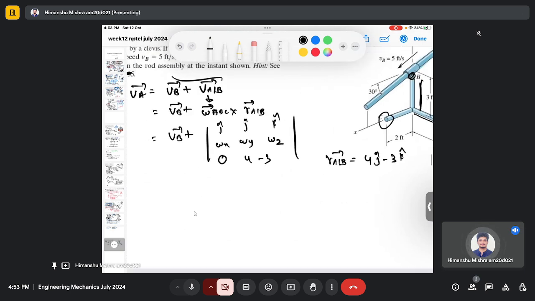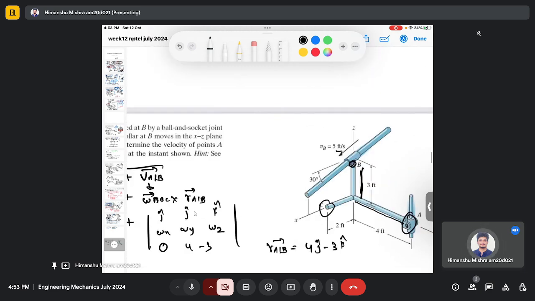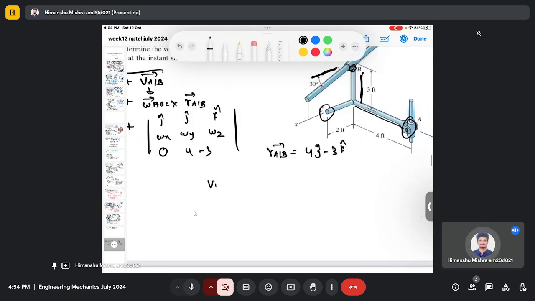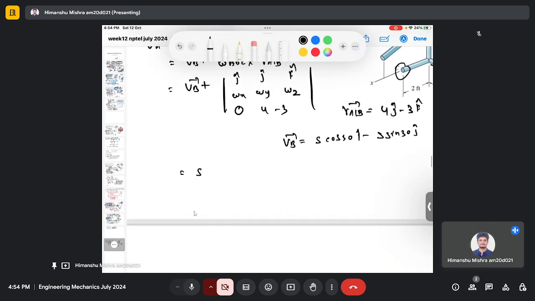VB is given as 5 feet per second, and you can see that it has one component in the x direction and one component in the y direction. So my VB vector is 5 cos 30 i minus 5 sin 30 j, plus this matrix quantity.